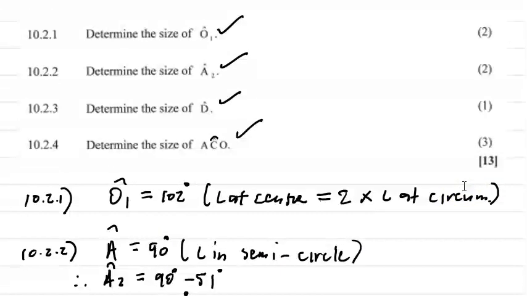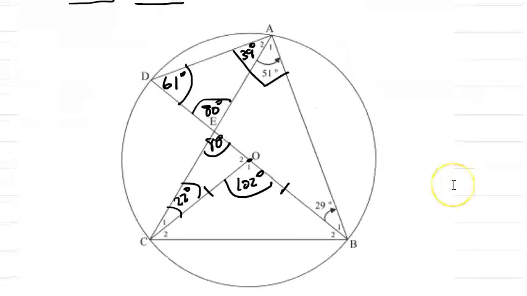And 10.2.4 ACO, and we're going to find ACO by finding DEA, which is 80 degrees, sum of angles of triangle. Then we're going to say CEB is equal to 80 degrees, vertically opposite angles. And then we're going to say that C1 is going to equal 22 degrees, exterior angle of triangle.